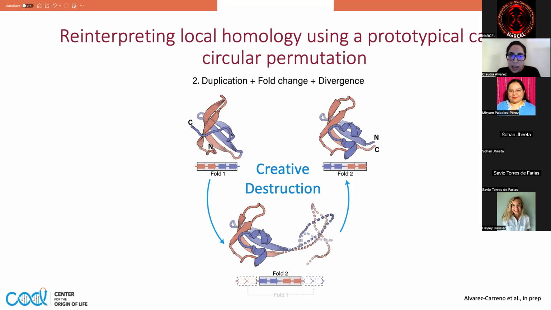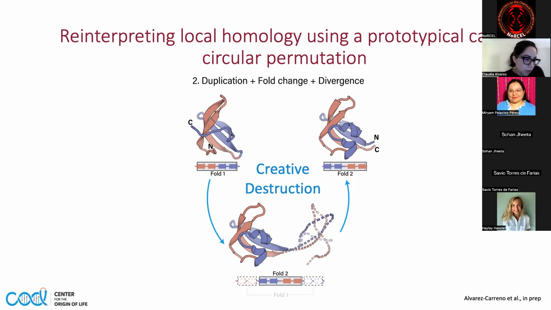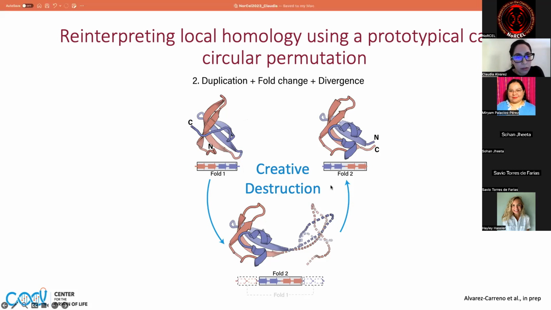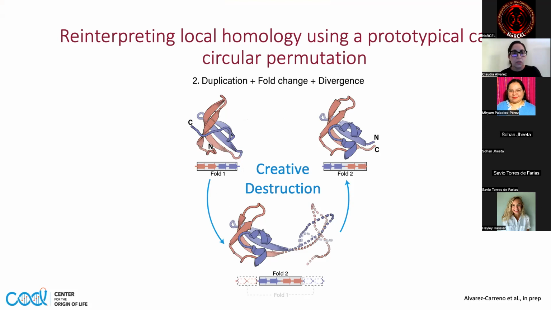And when this happens, and we compare only the ancestor to the derived state, we will see that there has been a rearrangement of the secondary structural elements. But we know that this rearrangement occurred through a series of very well-known steps.